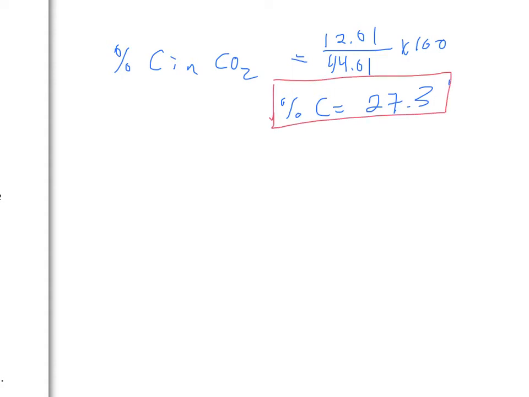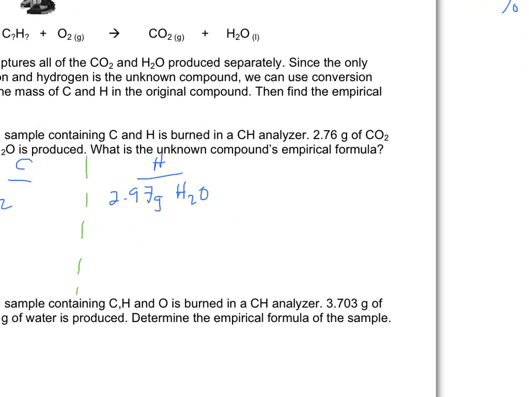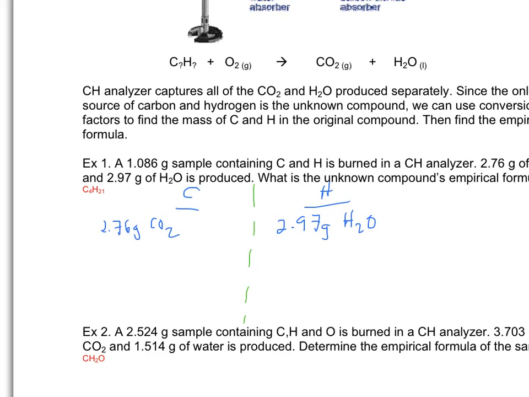Now that I know the percent carbon, I'm going to use this information to change the grams of CO2 into grams of carbon. If I have 2.76 grams of CO2, then 27.3% of that is carbon.